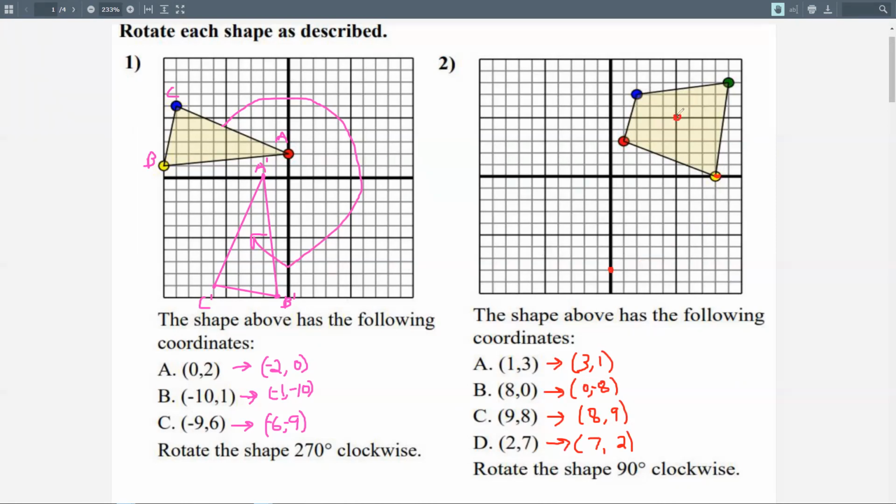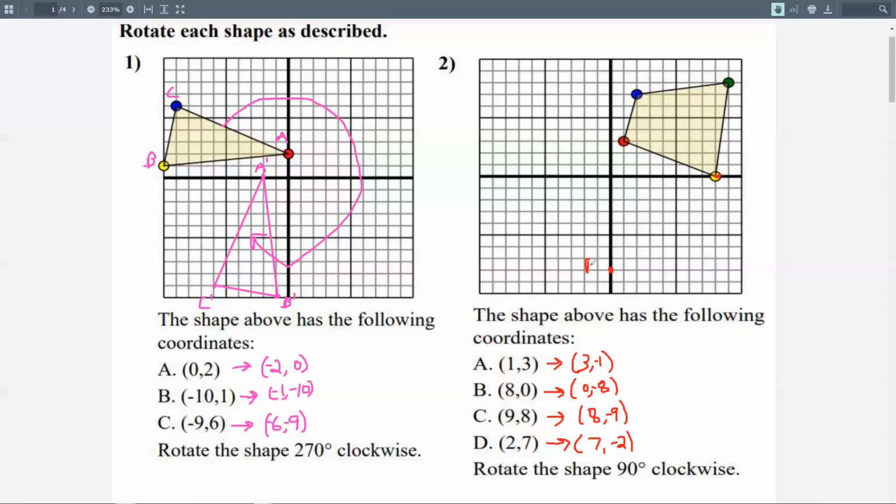So if they're in quadrant 1 and they go 90 degrees clockwise, we're going to end up in quadrant 4. And the signs for quadrant 4 are positive, negative. So these should all be positive 3, negative 1, positive 8, negative 9, positive 7, negative 2. They all end up down here in quadrant 4.